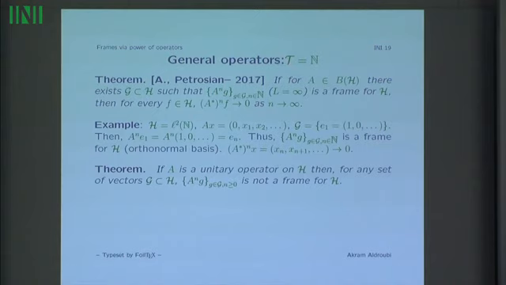But what this tells you also immediately is that if A is a unitary operator, then obviously this cannot happen. A star n f cannot go to 0. And therefore, this set of vectors is not a frame if A is unitary. That's a direct consequence.